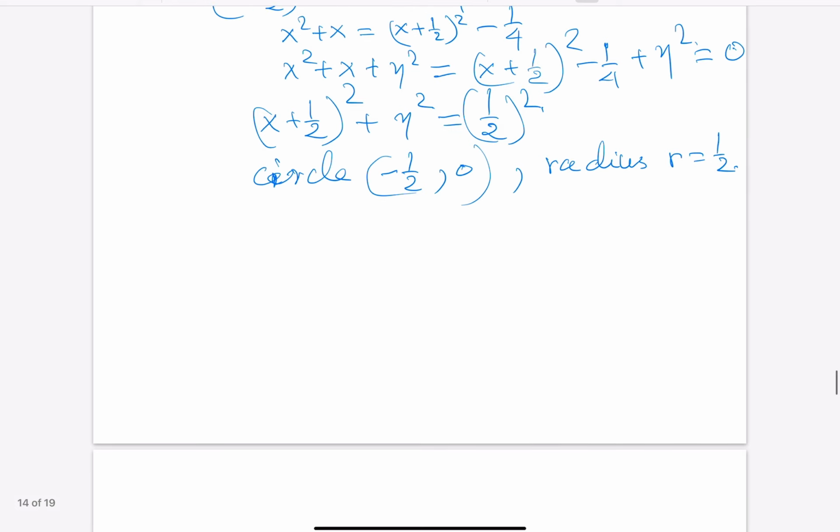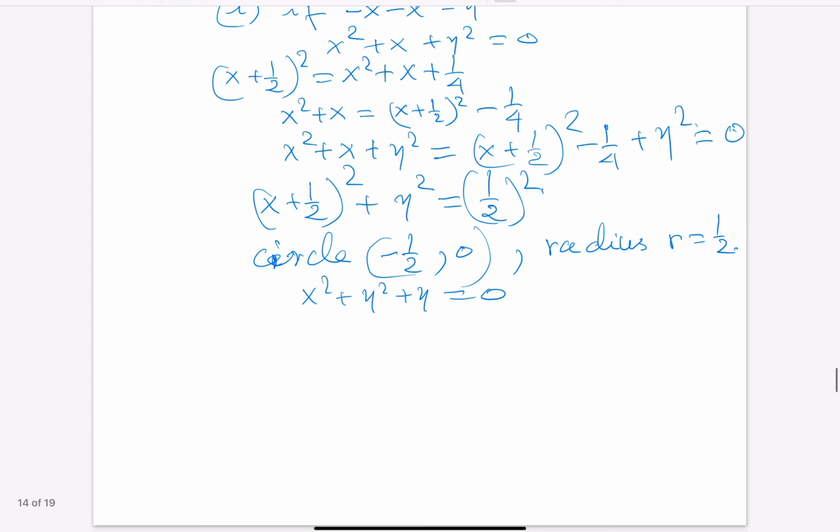So you will get x squared plus y squared plus y is equal to 0. Okay. (y plus 1/2) squared is y squared plus y plus 1/4. And here you will get y squared plus y is equal to (y plus 1/2) squared minus 1/4.